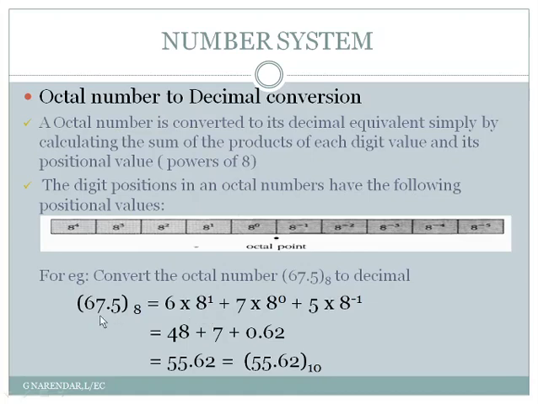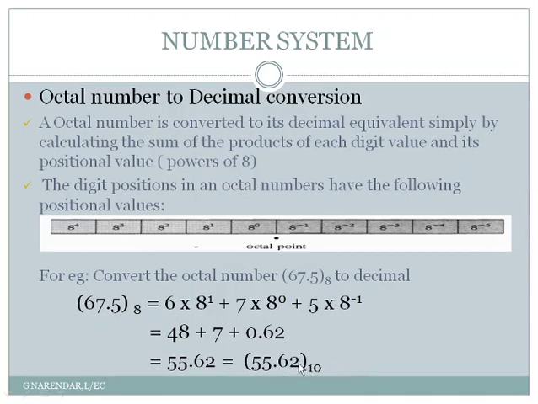Now we have only 3 digits, so we got only 3 products. Simplify this: 6 into 8 is 48, 7 into 8 power 0 is 7, and 5 by 8 is 0.62. Summing up all those, we get 55.62.